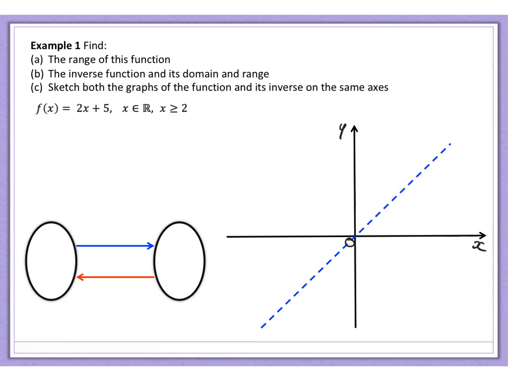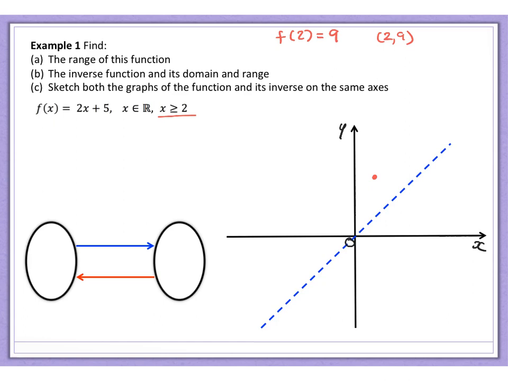The domain is x is any real number, but x has to be greater than or equal to 2, which means if we input that into f of x, let's work out what f of 2 is. That's 2 times 2 plus 5, that's 9, which means the graph starts at the point 2, 9. So if we find this point, it's going to be approximately here.